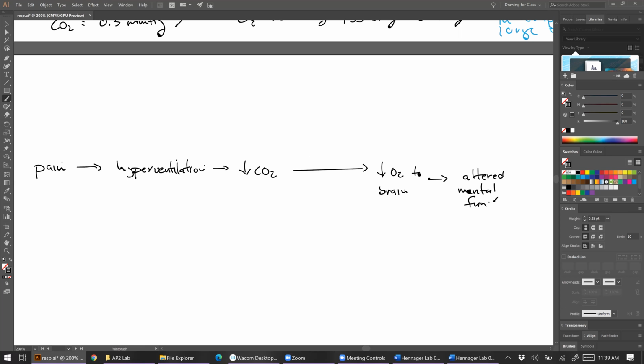Keep in mind that low CO2 is going to do a bunch of things, like it's going to decrease acid, that's going to decrease oxygen drop off. So acid causes hemoglobin to drop off oxygen. This here alone too, less CO2, taking the O2 off hemoglobin.